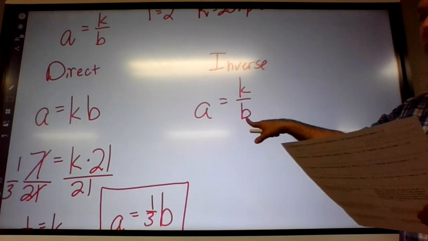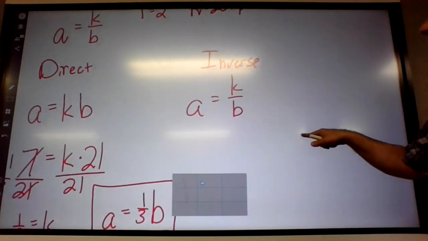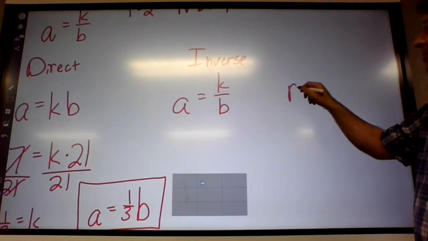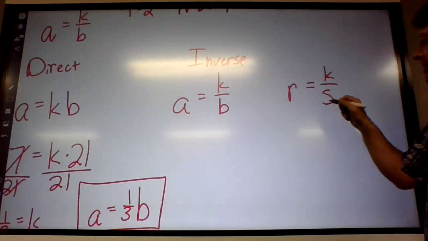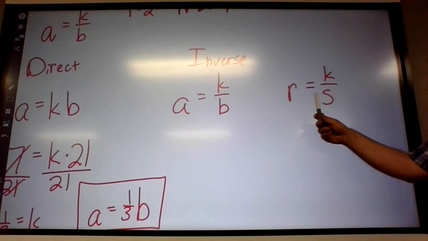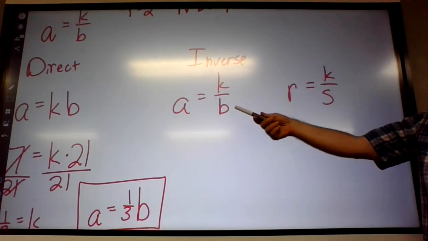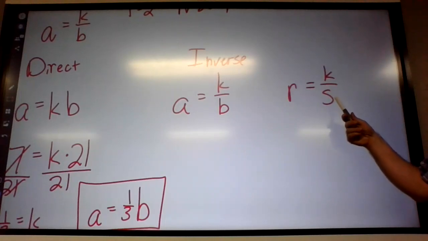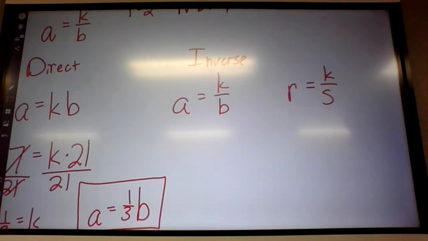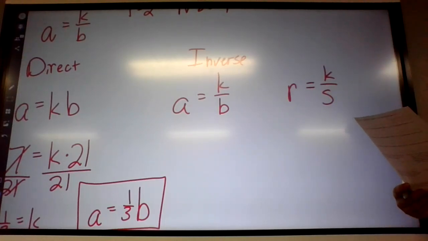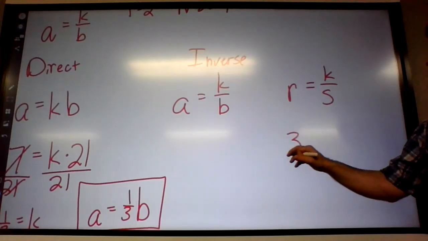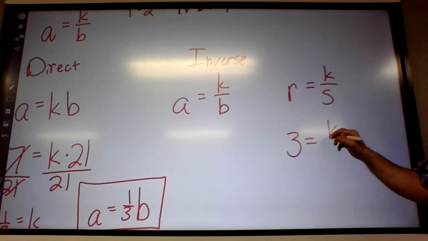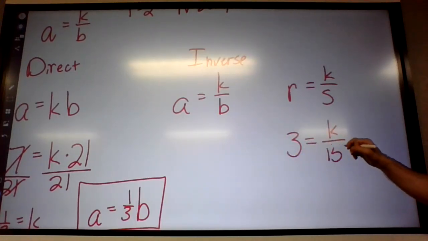Okay, 4 says R varies inversely as S. They didn't give us A and B, they gave us R and S, so this is the version we're going to use. Then it says when R is 3, S is 15.